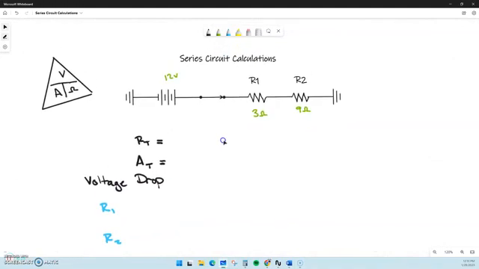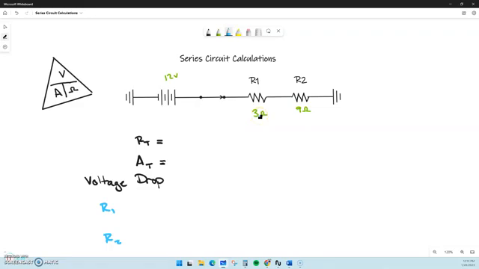we need to find. Always remembering that we are going to use Ohm's law to find what we're looking for in these calculations. Okay, so the first thing that we're going to do is find total circuit resistance. We already know that resistor 1 has 3 ohms, resistor 2 has 9 ohms.